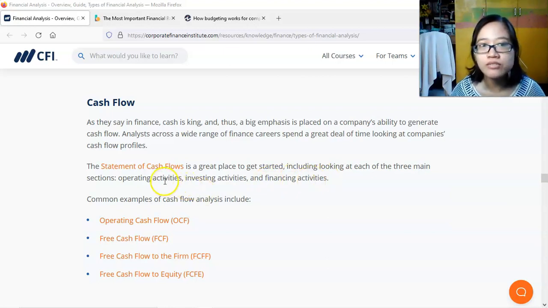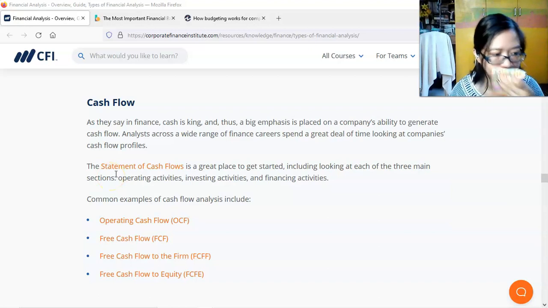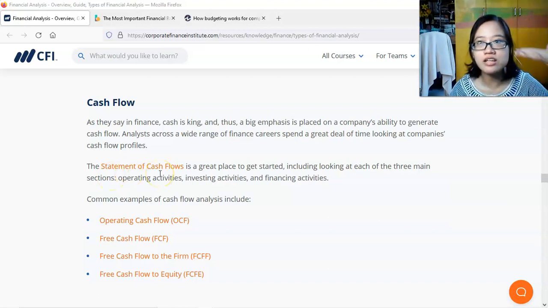Pero normally, nagiging focus ng investors or whoever's using the financial statements ay itong operating activities talaga. So, kumbaga, magkanong cash ang nag-generate ng inyong operations. Kaya ito yung tinitingnan. Kasi after these 3 sections kasi makikita mo yung net movement sa cash, magkano tinaas or binaba ng cash compared to last year.